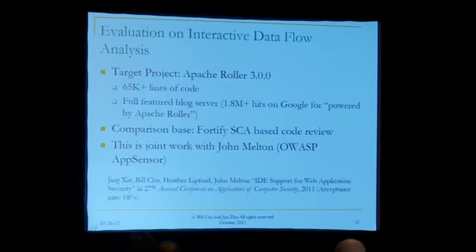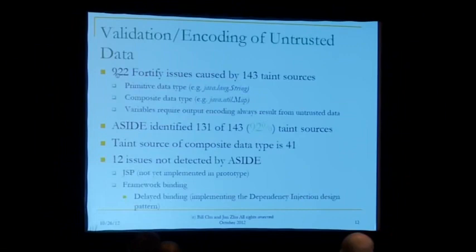Aside is only looking for taint source propagation kinds of problems. 92% of the problems he found, Aside also found. There are 2 issues that were not detected by Aside, but mostly those are JSP issues. We haven't implemented JSP detection in Aside yet.